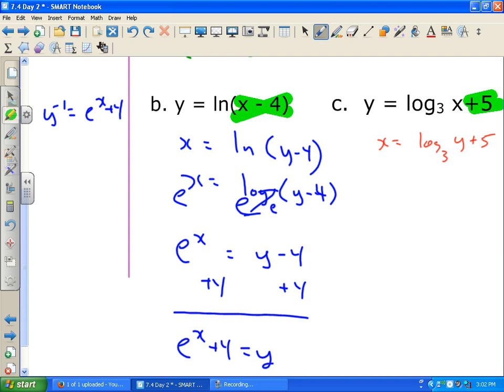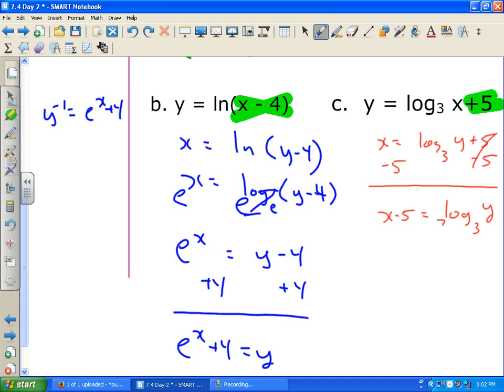So on letter C, I need to move the 5 over first. So now I have x minus 5 on the left, and I have the log base 3 of y on the right-hand side. At this point, I need to get rid of the log base 3. The way to get rid of a log base 3, I need to base 3 both sides of the equation.